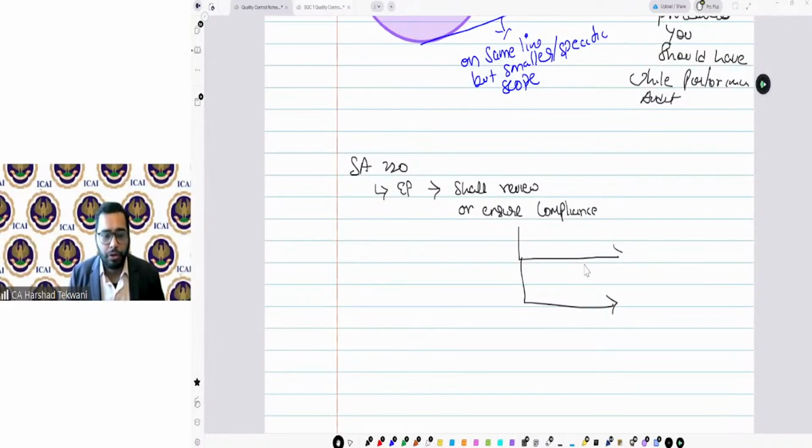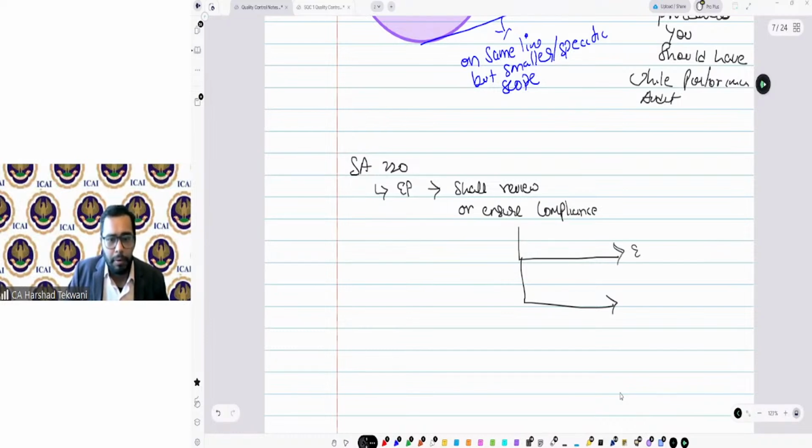Okay. So I was discussing SQC1 and SA220. What I was discussing is, when I talk about SA220, the engagement partner shall review compliance with the ethical requirements, and he is required to review compliance with the independence requirement.